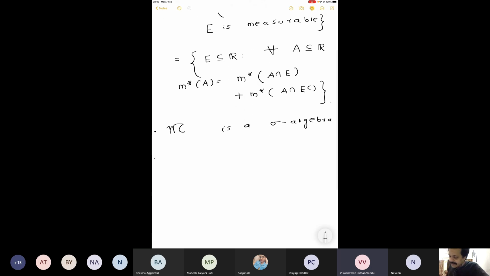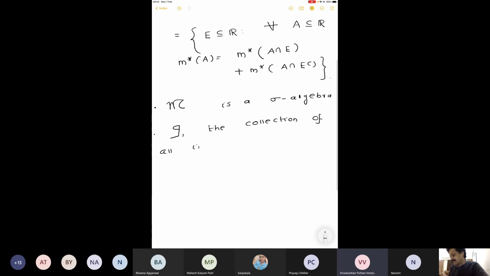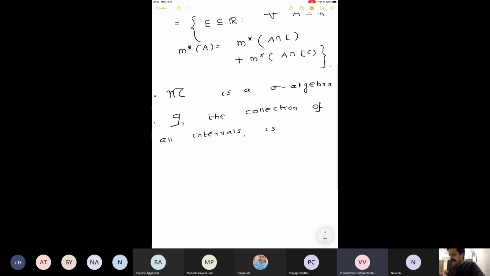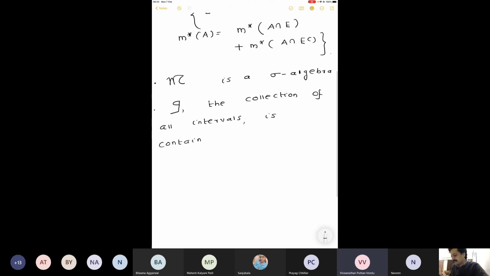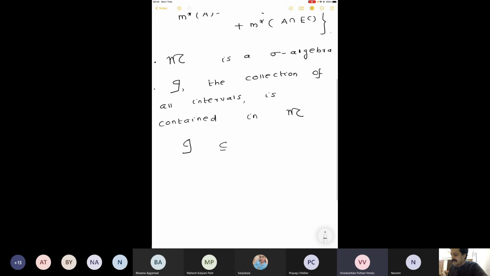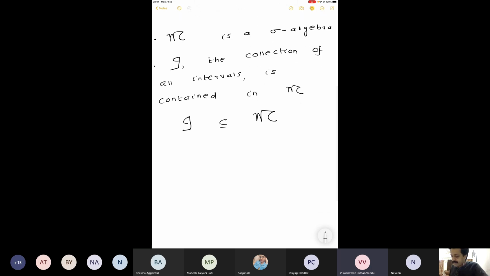We observe that script M contains all intervals in R. I, the collection of intervals, is contained in M. Once it contains open intervals, it should contain all open sets, being a sigma algebra.